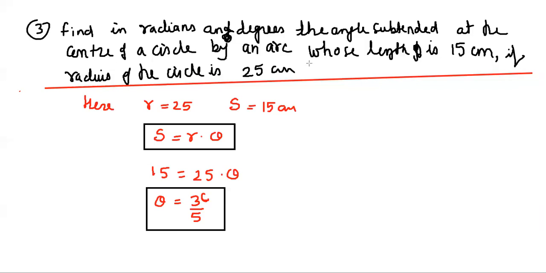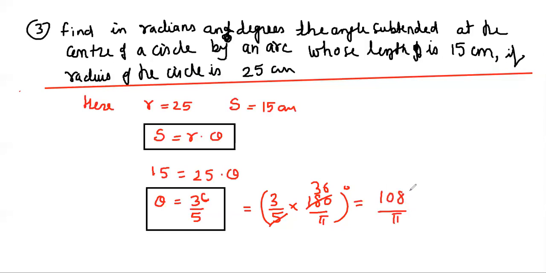Okay. Now further I will write down this as I got theta in radians. Now if I convert this into degrees, I would write down this as 3 upon 5 into 180 upon pi degrees. ठीक है, मैं इसको कैंसिल कर सकता हूँ क्या? 5 से कैंसिल कर सकता हूँ मैं इसको, है ना? 5 36 180 होता है. Now what is this? 36 3s are 108. 108 by pi degree.